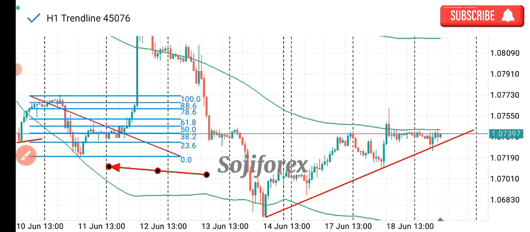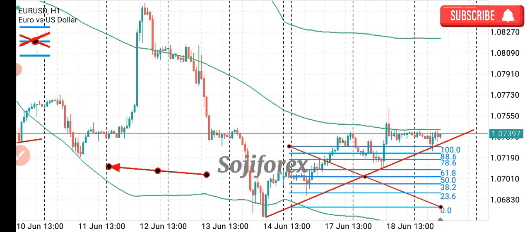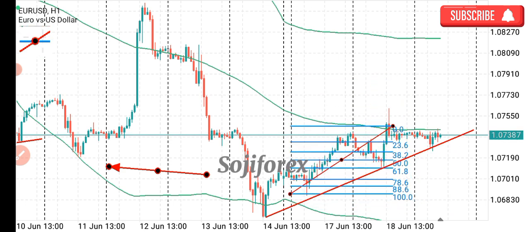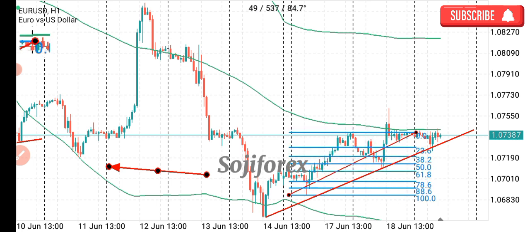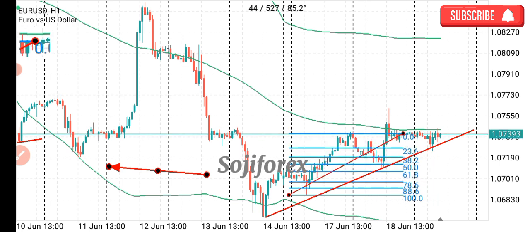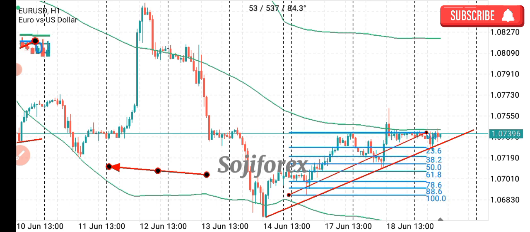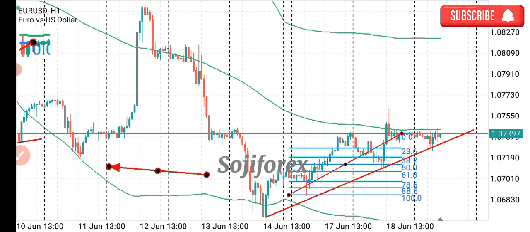So we are going to connect now our trend line to this particular move from this low to this high. And then look at what happened.